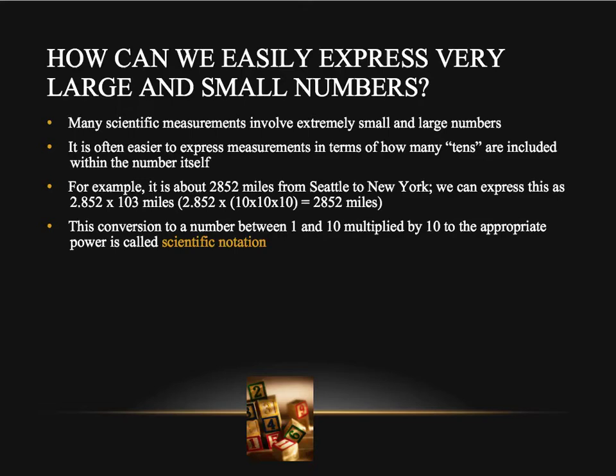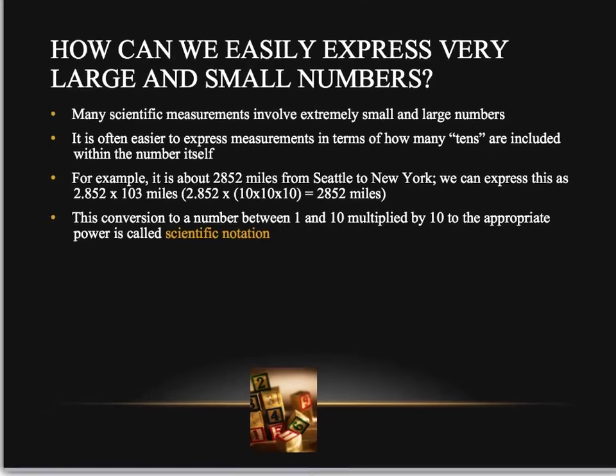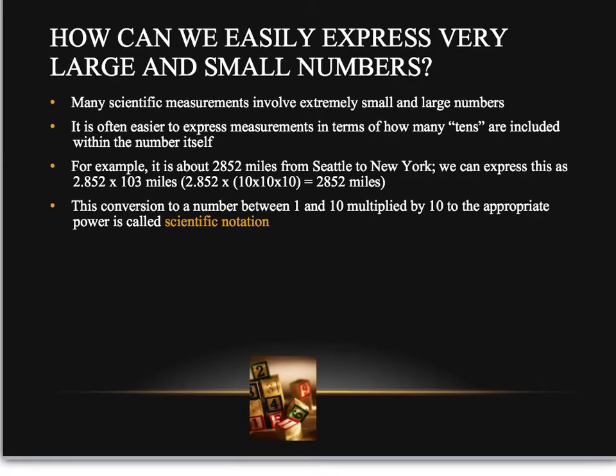quickly. But scientific notation allows us to easily express very large and very small numbers without having to write out huge numbers of zeros or a bunch of decimal places. So for example, if we wanted to talk about how far it is from Seattle to New York, it's about 2,852 miles.